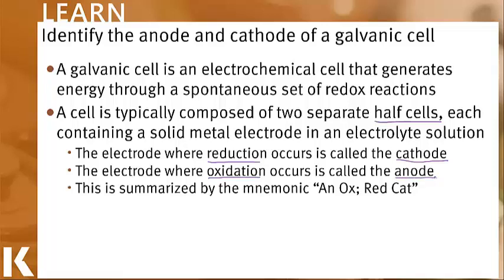We can summarize this by the mnemonic An Ox, Red Cat. This means that the anode is always oxidation, and reduction always happens at the cathode. An Ox and Red Cat.